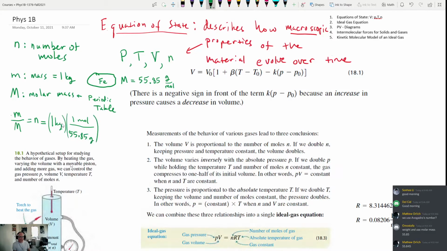But then we also have to convert from kilograms into grams, so we multiply by 1 kg, 1,000 grams. Okay, and that would give us the number of moles.